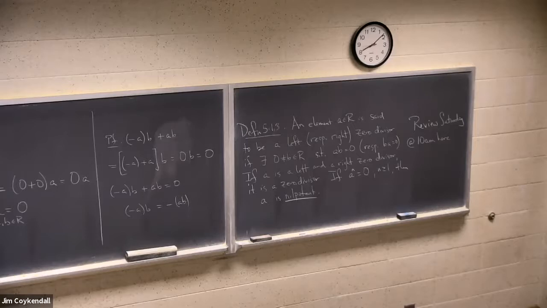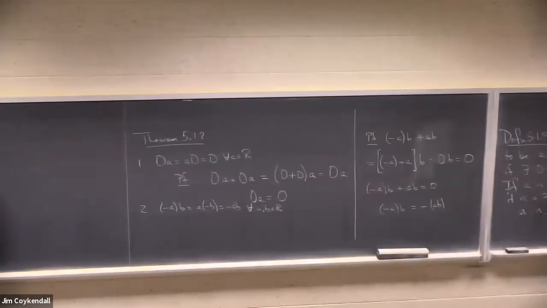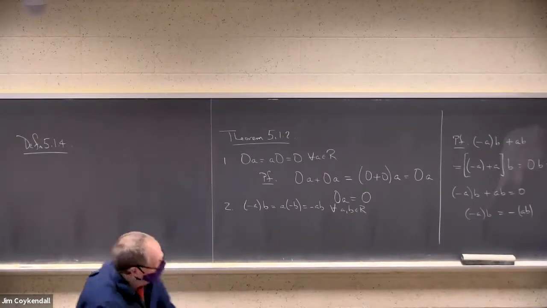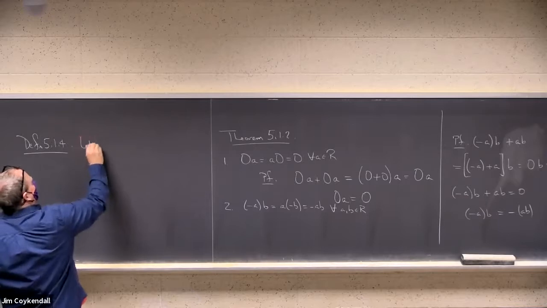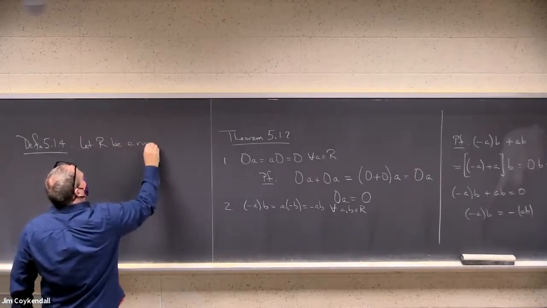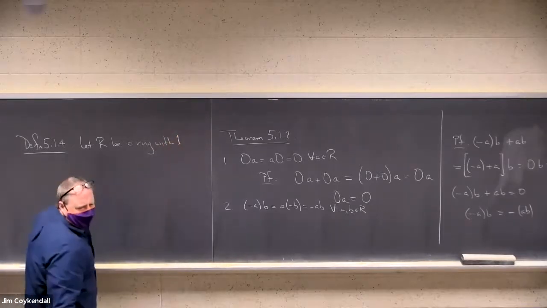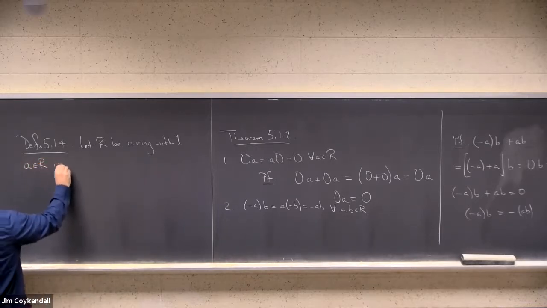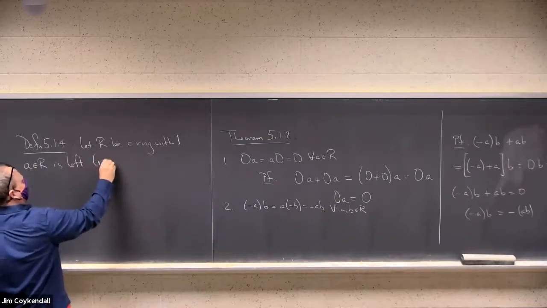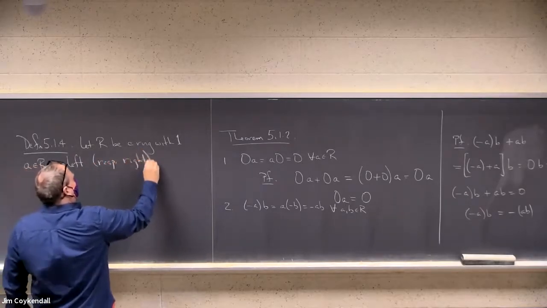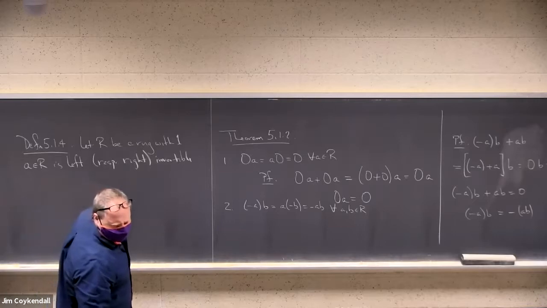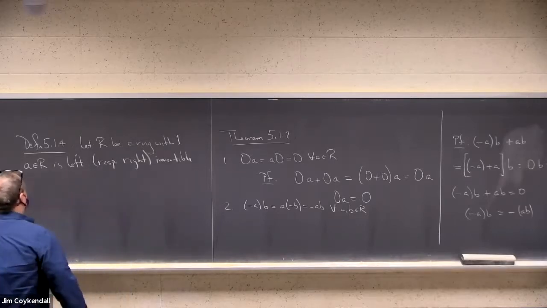Here's kind of a similar, this is sort of the antithesis. An element of a ring with identity, here I'm going to assume that you don't need to be a zero divisor, is said to be left invertible, or right invertible, if there's an element B such that BA is 1.